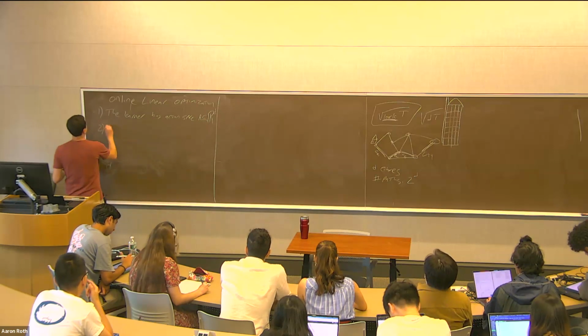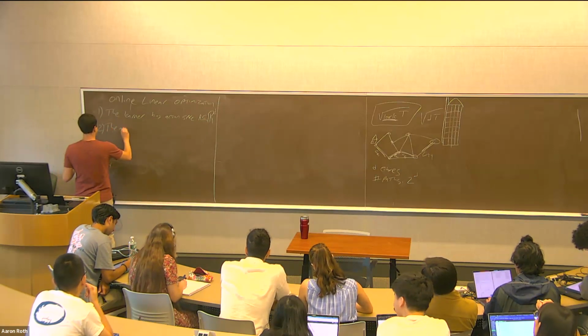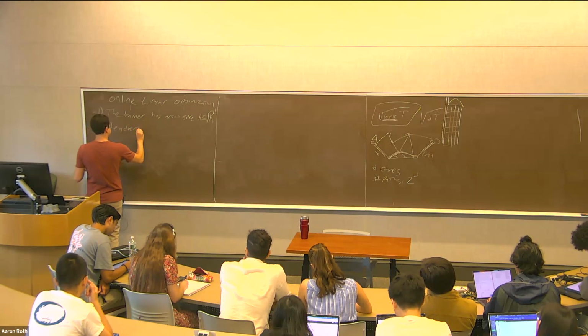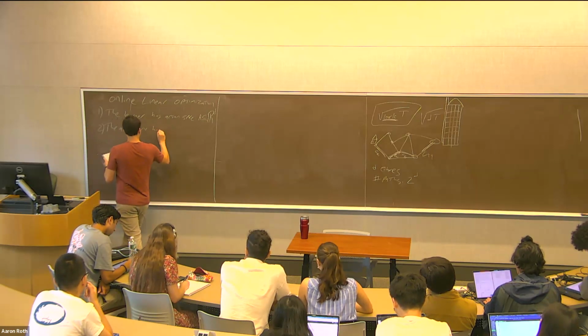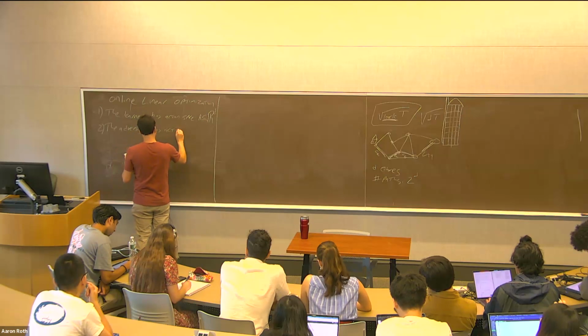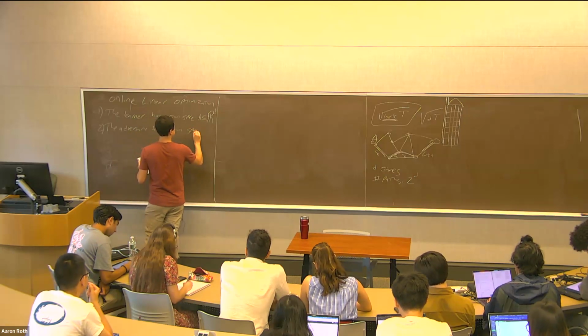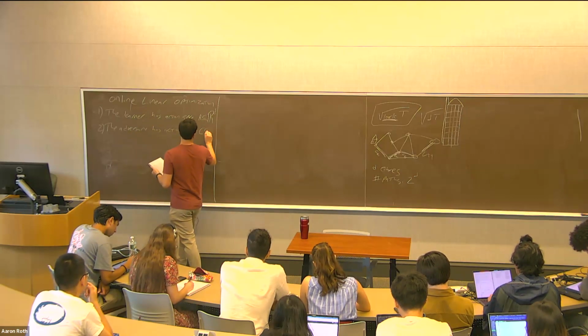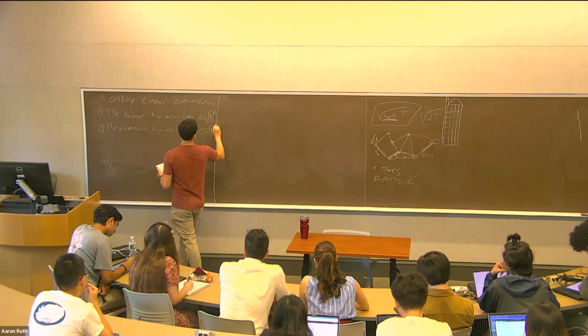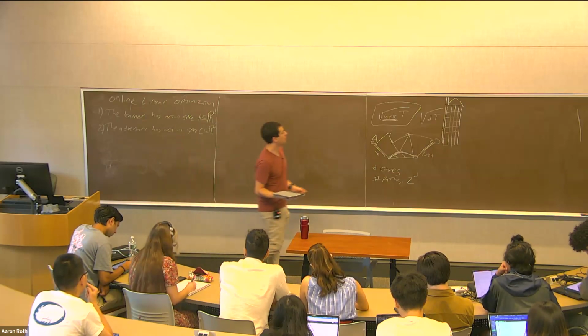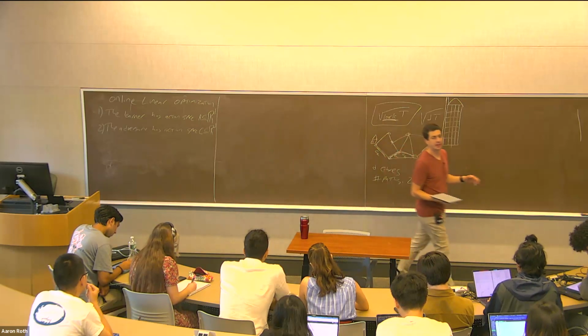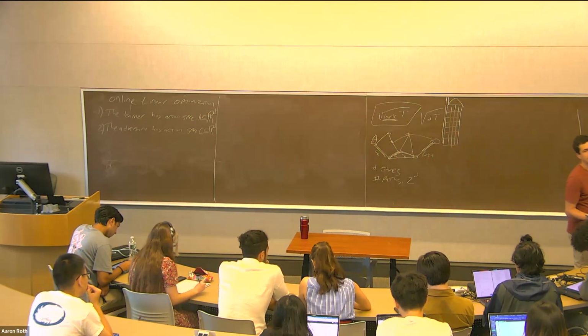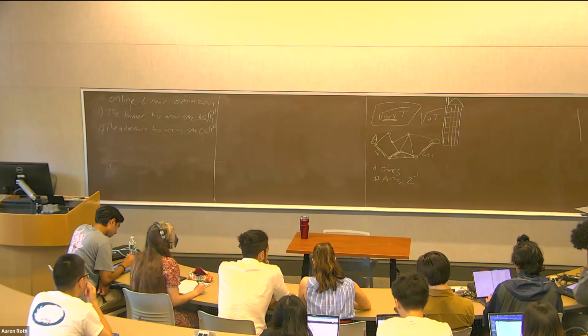The adversary has action space I'll call C, and that's also a subset of R^d. So in the online shortest paths problem, what the adversary does is basically assign some congestion to every road in the road network.